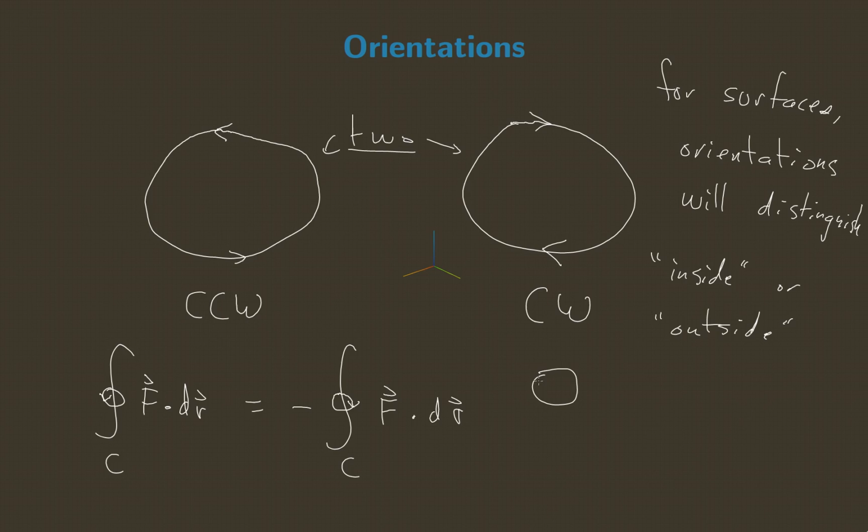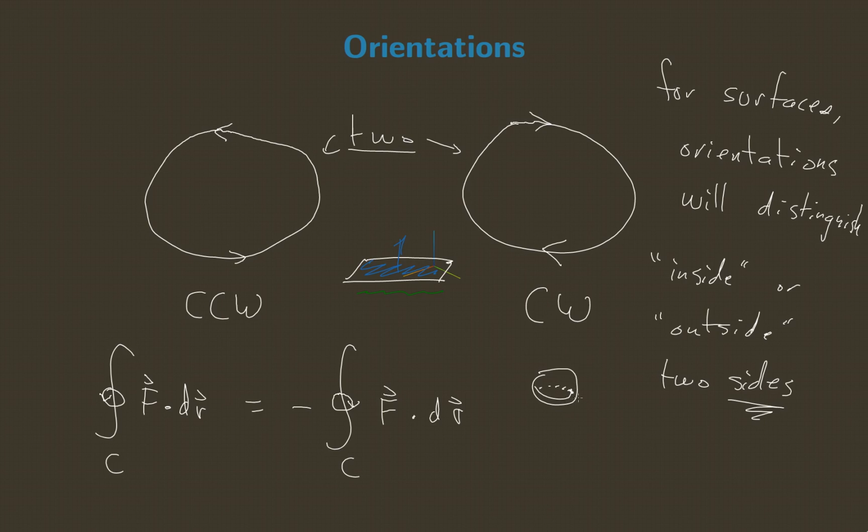Well, maybe this is only a good definition for something like a sphere. Maybe a better way to say it is, in general, it's just distinguishing two sides. If we take a sheet of paper, an orientation says, is the top side the privileged side, or is the bottom side?